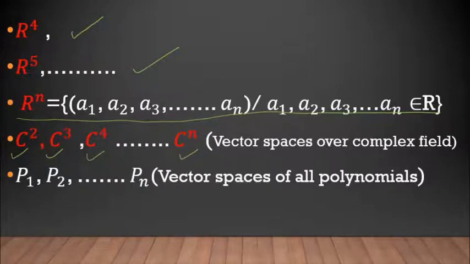And P1 is the vector space of all polynomials of maximum degree 1, P2 of all polynomials of maximum degree 2, and Pn of all polynomials of maximum degree n. These also form vector spaces where we cannot visualize them graphically, but algebraically all the conditions can be extended to all these vector spaces.